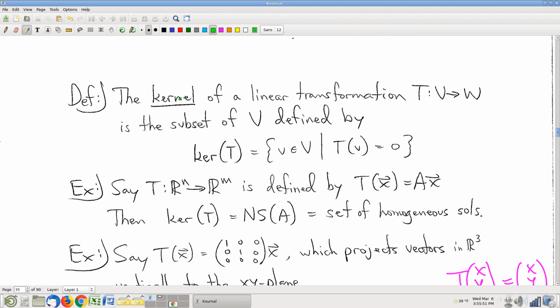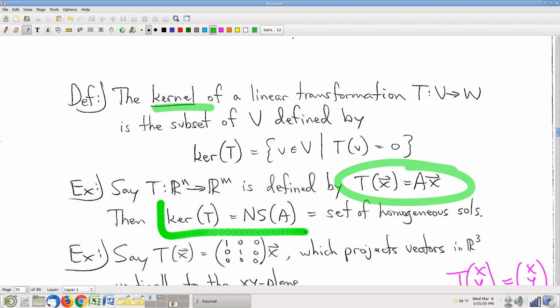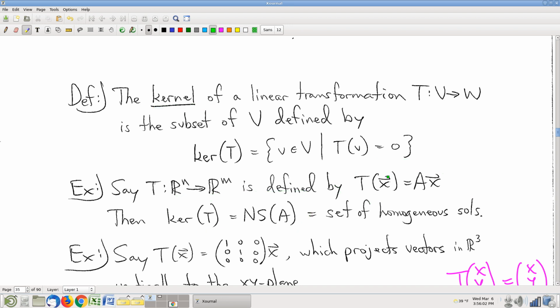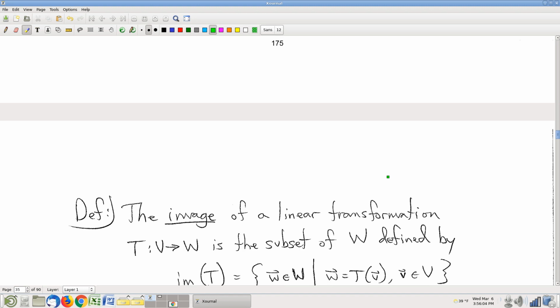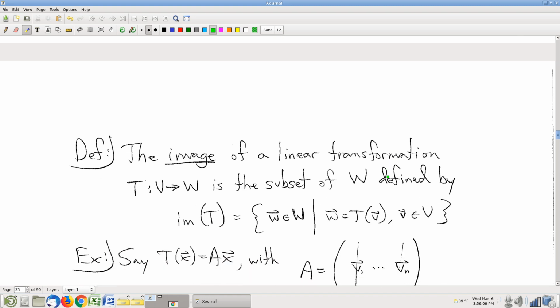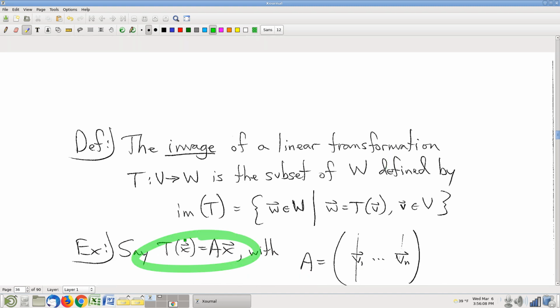Recall that when we first defined kernels and we looked at matrices, the familiar punchline was that, in the case of matrices, kernels are just null spaces. Okay. So there's something kind of like that that's going to happen with images, thinking of transformations that come from matrices. Takes a little bit more work to get there. But here we go.